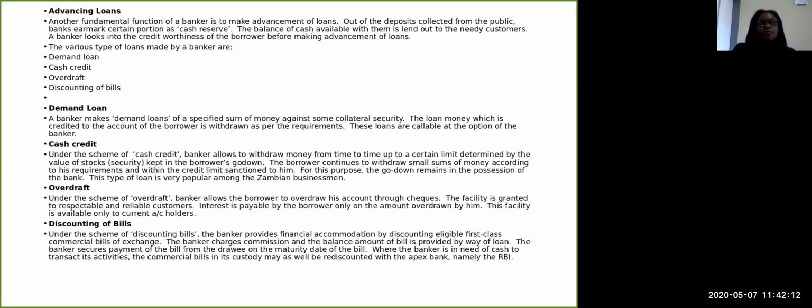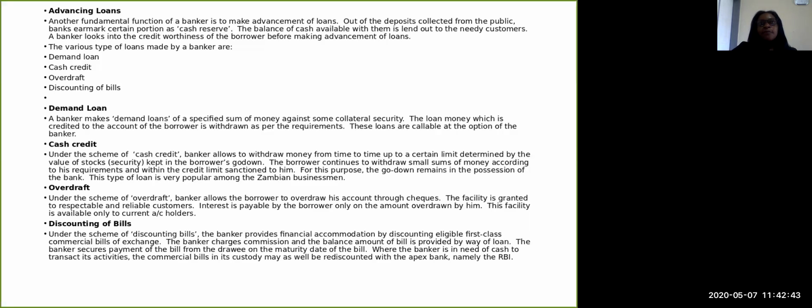Let's say you have 50,000 in your account, and then what you need is 80,000. So with this type of loan, the bank will allow you to overdraw by 30,000 from your account. The facility is granted to respectable and reliable customers. Interest is payable by the borrower only on the amount overdrawn by him.